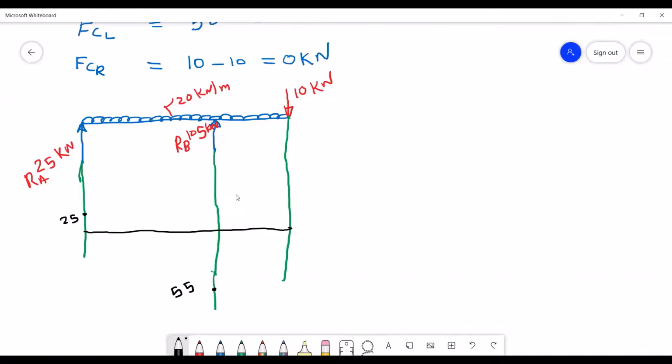Thereafter we have 50 at the right side. In C, we have 10 and thereafter it is 0. So it will come like this, a straight line only.